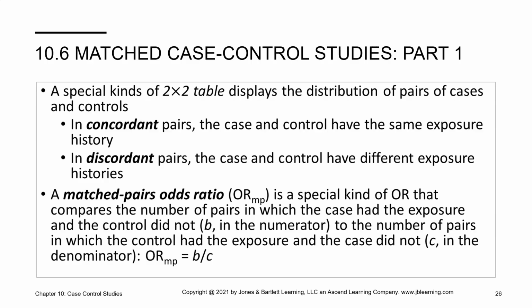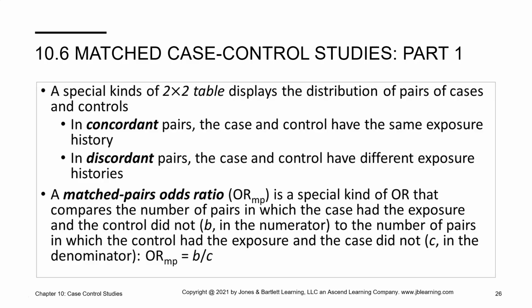Then finally, section 10.6 goes over matched case-control studies, and it talks a little bit more about pairs and setting up 2x2 tables with pairs. These are representing not just one case with the number in the table, but the pair of cases in the table. And here we have two different types of pairs.